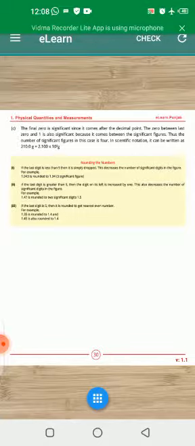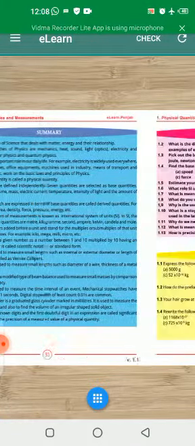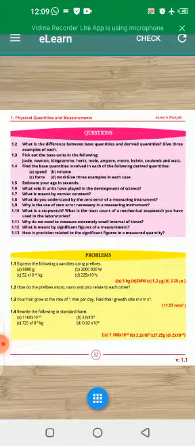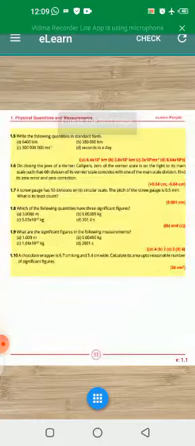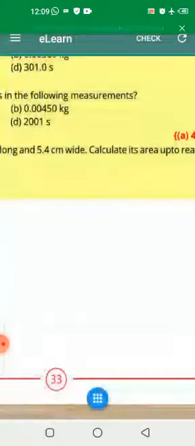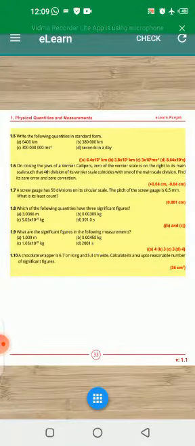So girls and boys, you have to learn all these topics and you have to do the short questions which are given at the back of the chapter, and also you have to do the MCQs and numericals, like the numerical at the end of this chapter: find the area of a wrapper whose length is 6.7 centimeter and width is 5.4 centimeter.